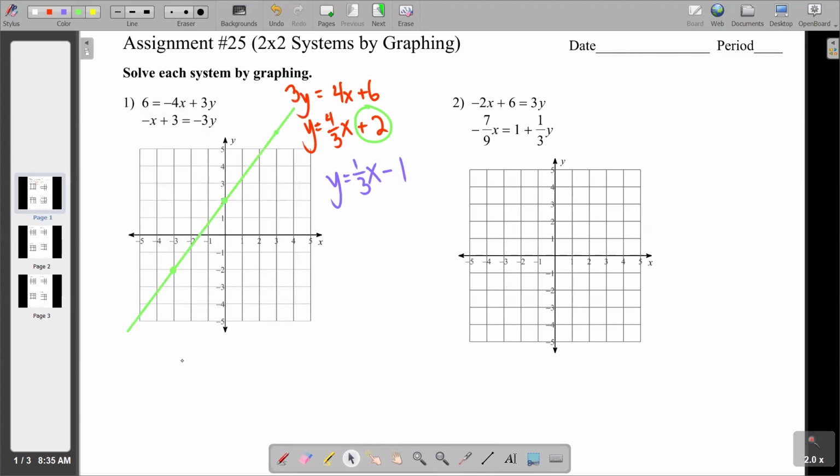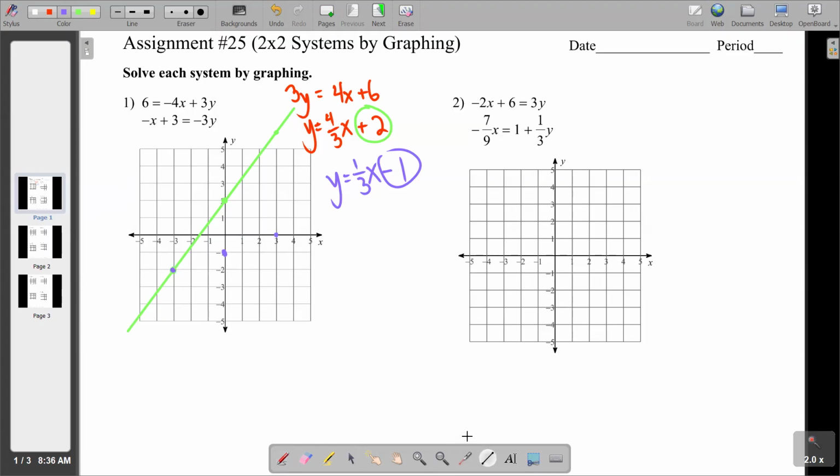All right, so there's our first line. And then Hugo, where are we going to start the second line at? Right, so we'll start by going down 1. Always start on your y-axis. And then what's the slope? Up 1. Right. Good job, buddy. Perfect.